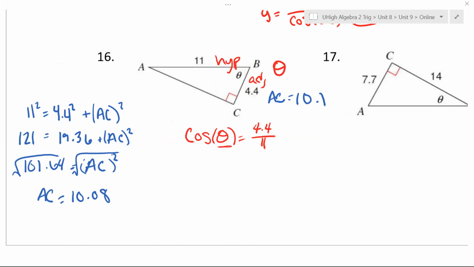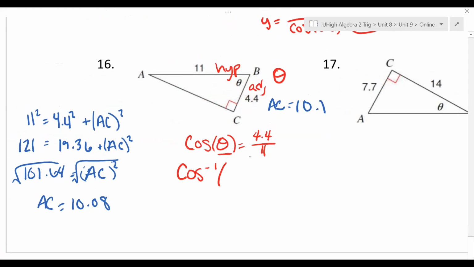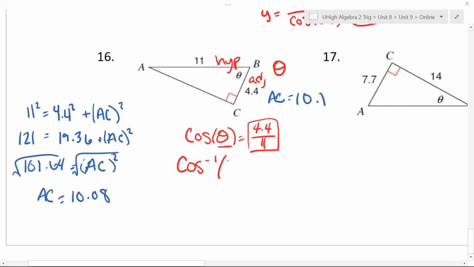So the inverse cosine of 4.4 over 11 is going to give me my angle.